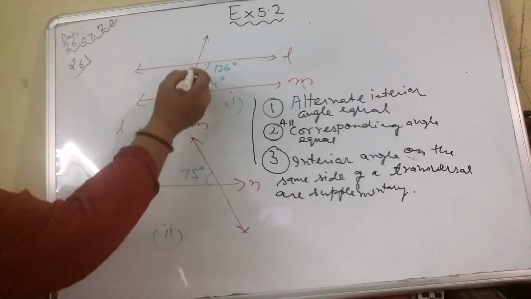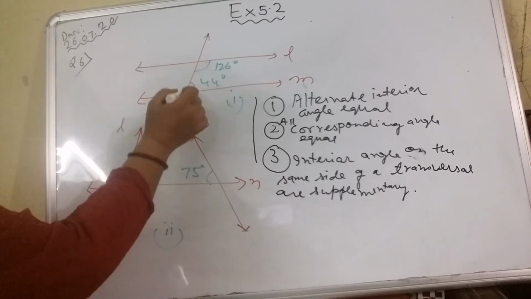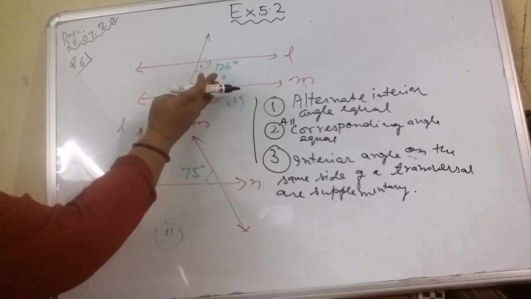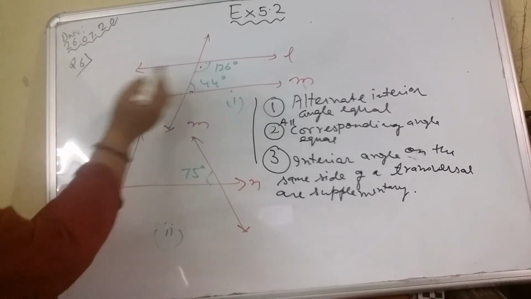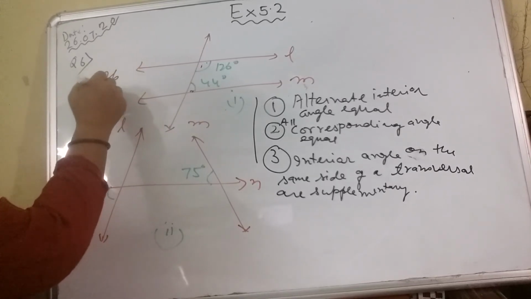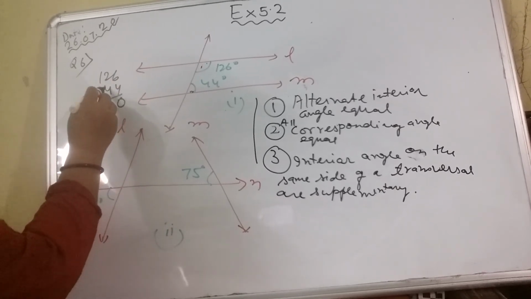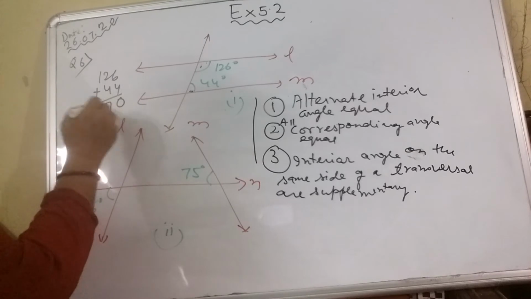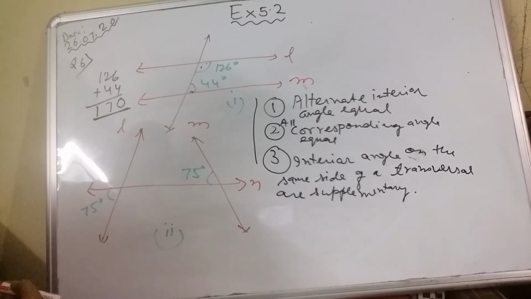So first, take question number 6(1). You can see these angles are interior angles lying on the same side of a transversal. Let's add them: 126 plus 44 is 170 degrees.